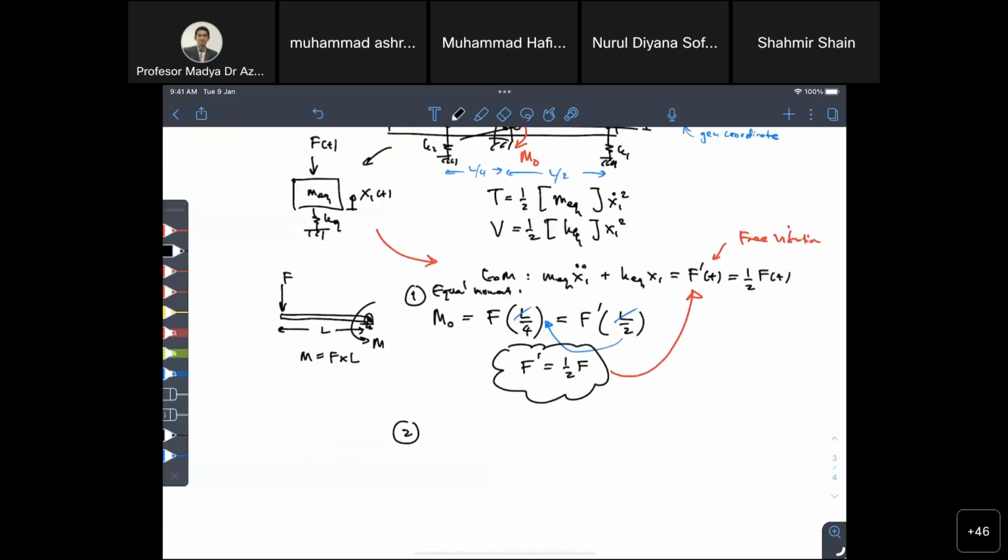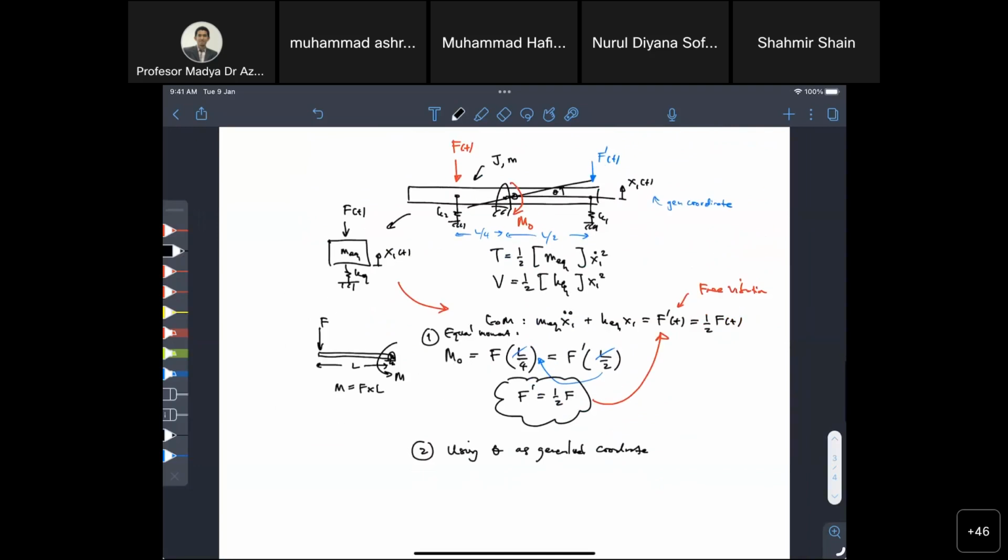The second method is using theta as the generalized coordinate. Even though the question says x1 is the generalized coordinate, first we have to find J equivalent and also K equivalent because theta is the generalized coordinate.